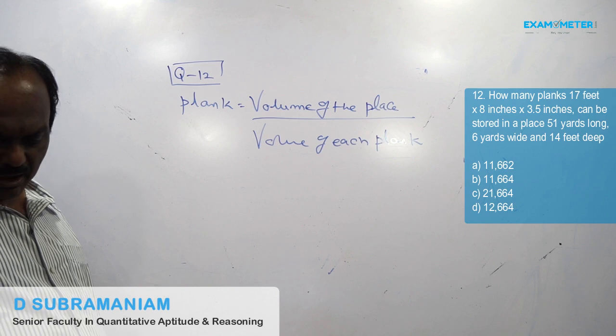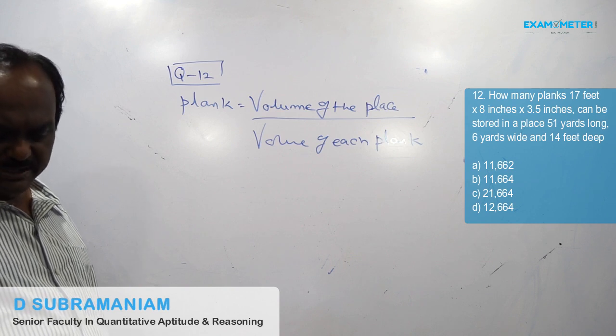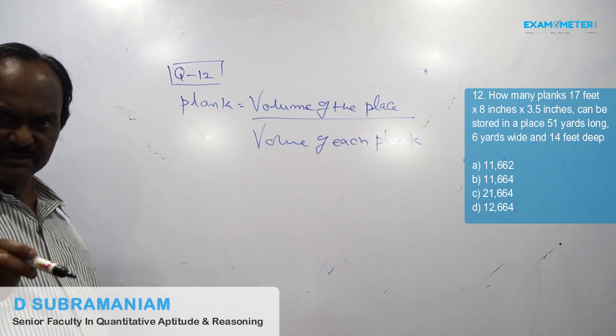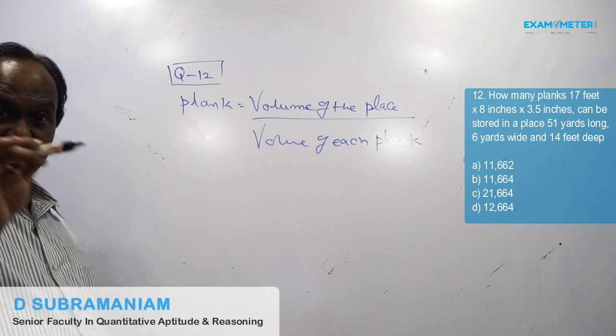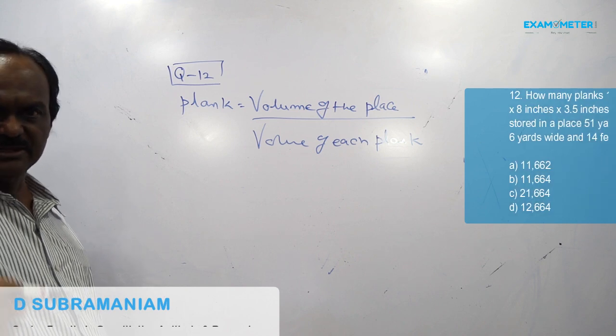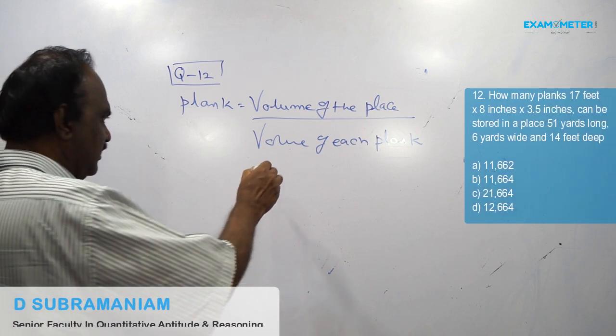51 yards long, 6 yards wide, 14 feet deep. 12 inches is equal to 1 feet. 3 feet is equal to 1 yard.